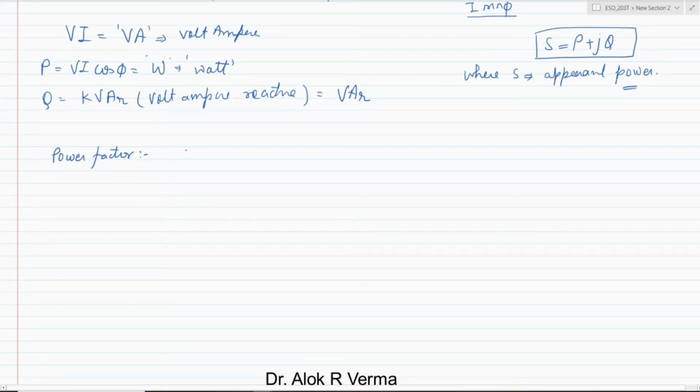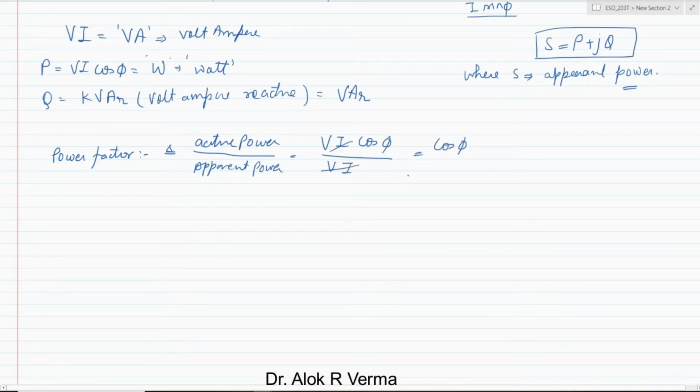So power factor is defined as the active power divided by the apparent power, which is nothing but VI cos phi divided by VI, which is nothing but cos phi. So this is the power factor, which is simply the cosine of the phase difference between voltage and the current.